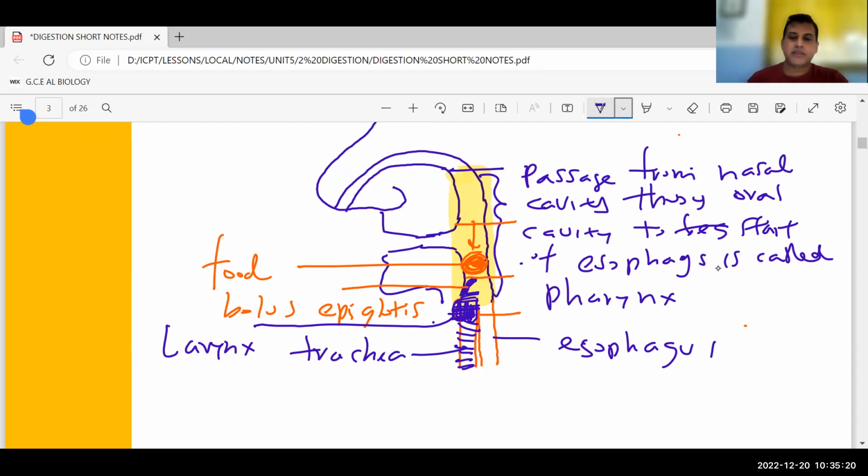They are located in the larynx. So sometimes we call nasopharynx, oropharynx, and laryngopharynx. But it's important that we understand what pharynx is. Passage from nasal cavity through oral cavity to the start of the esophagus is called pharynx.